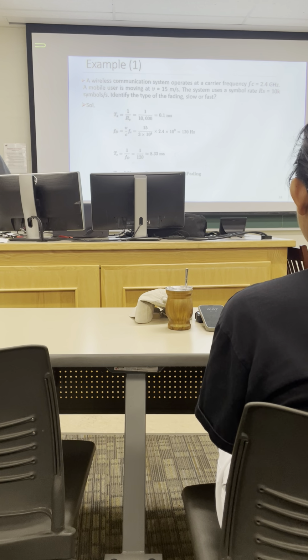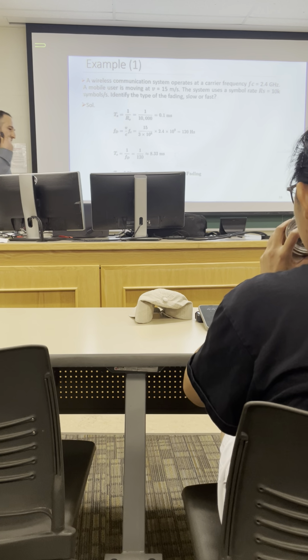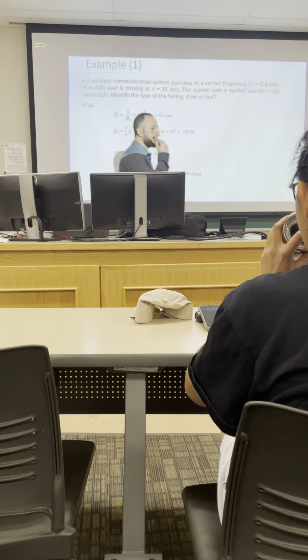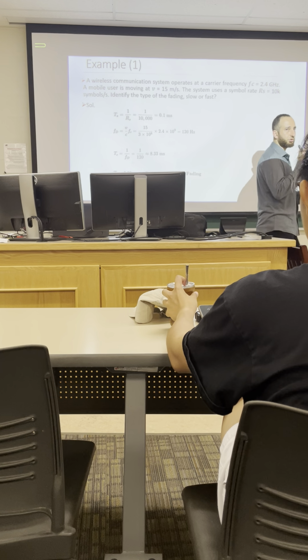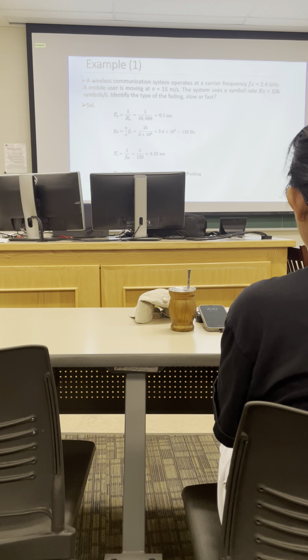Okay, so it's just very slow moving, right? Like someone walking and talking on a mobile phone. This is very small movement. And the system uses a symbol rate RS of 10K symbols per second.